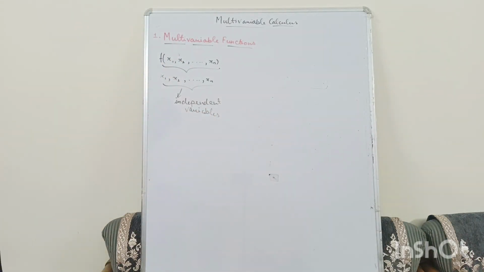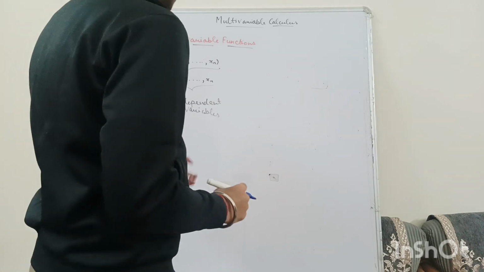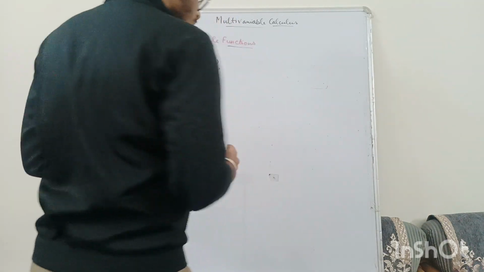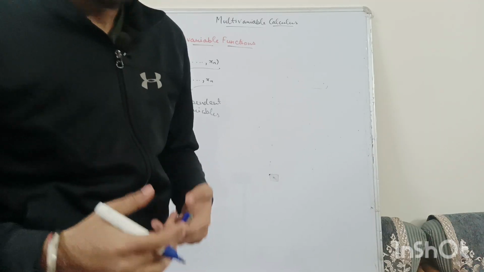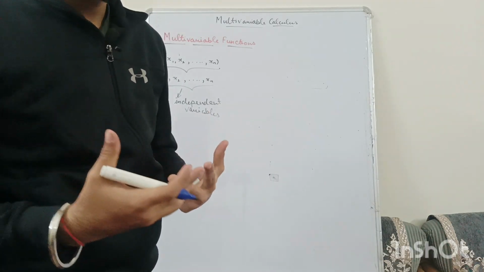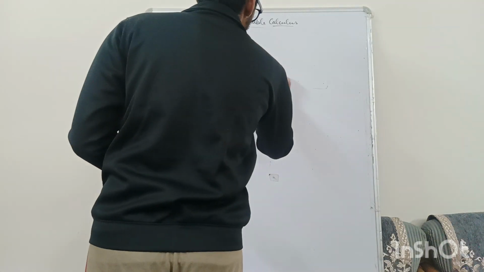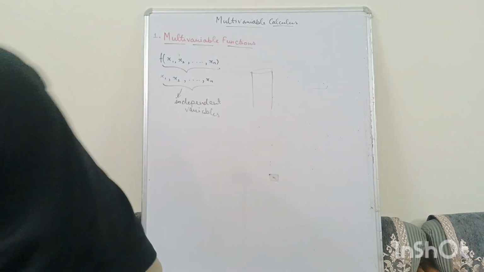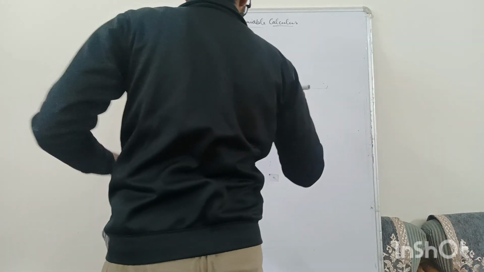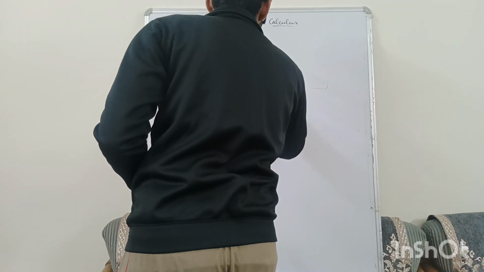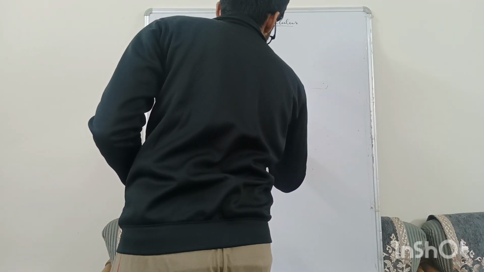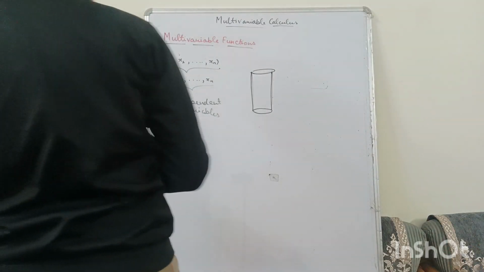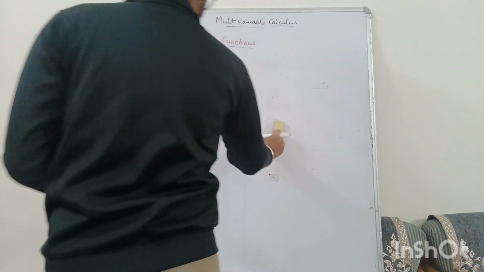Now let's try to understand the idea of multivariable functions from an example. We know how to calculate the volume of a cylinder. This is our cylinder, right? Let's draw it clearly.